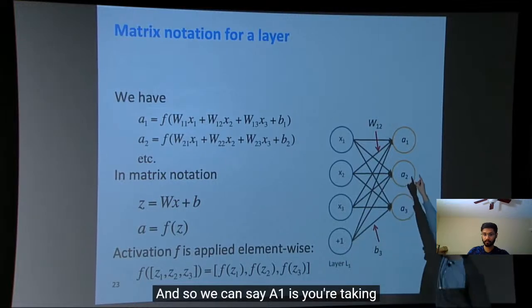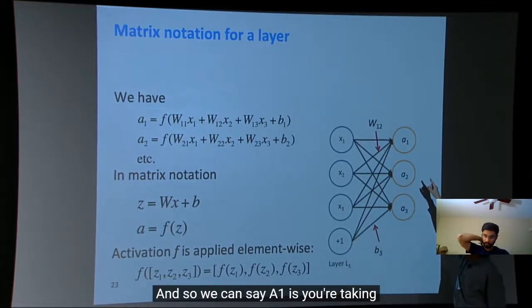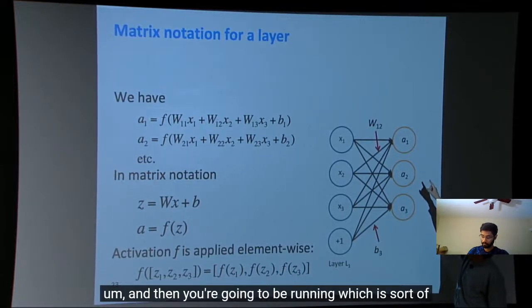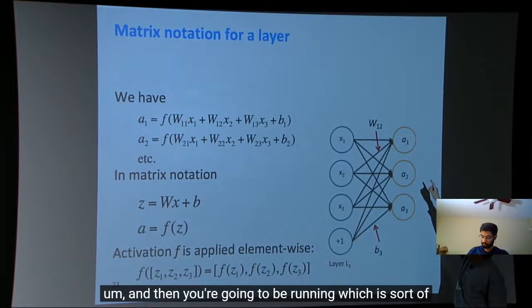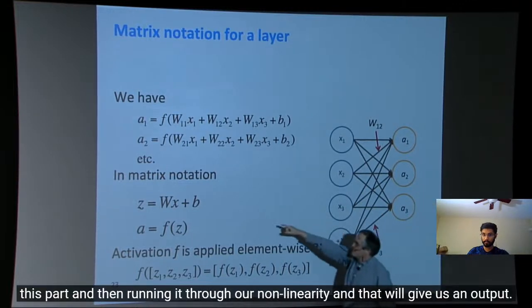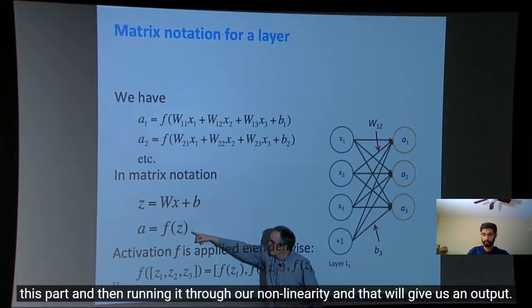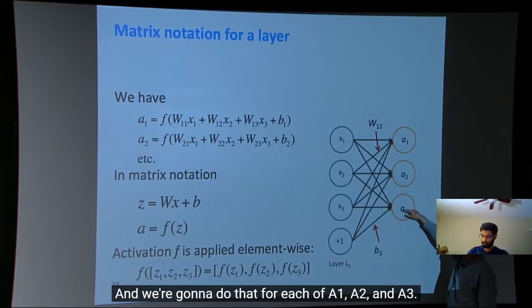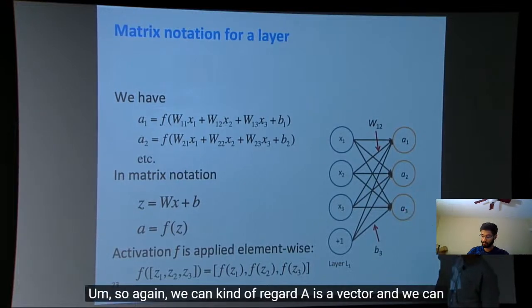So we can say A1 is you're taking weights times each component of x1 and adding a bias term, and then running it through our nonlinearity, and that will give us an output. And we're going to do that for each of A1, A2, and A3.